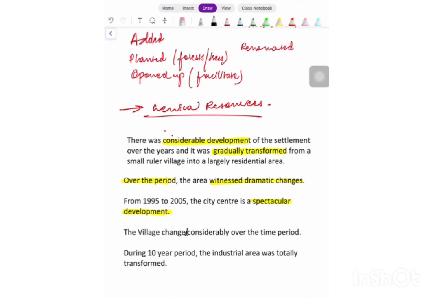So ये सारे words, ये सारी languages are something that can be added to all the type of answers.